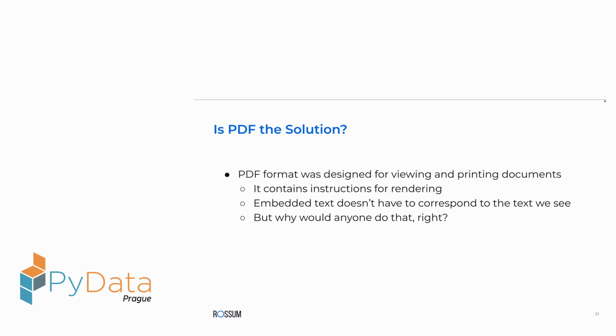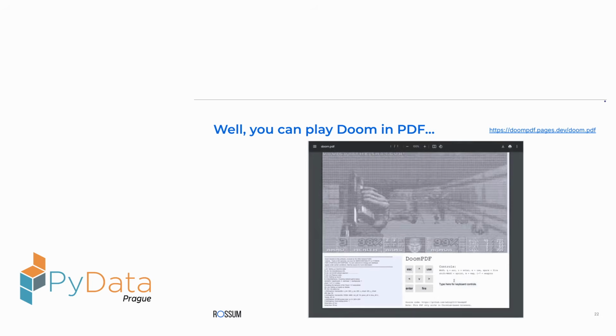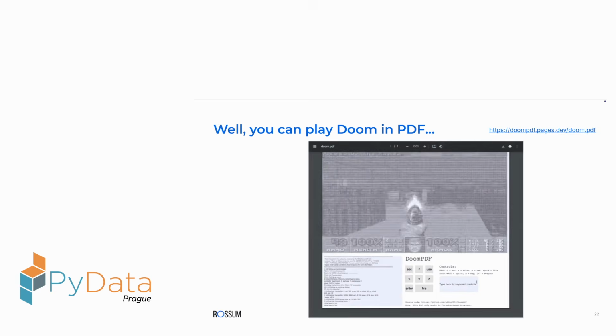And you know that you can select the text and copy-paste it, but the text that you copy-paste doesn't have to correspond to the thing that you see rendered, which is wild. Why would anyone do that? Well, I don't know, but it turns out that you can even play Doom in PDF, and that's the issue. It's too powerful. It can do so many things, and everything is possible.